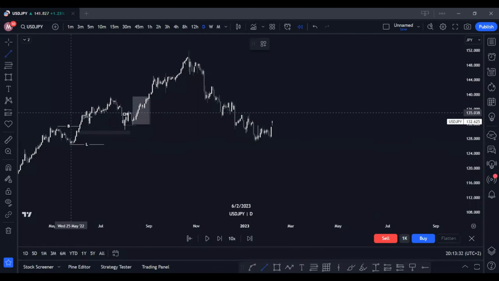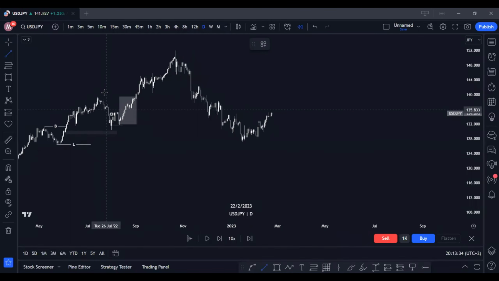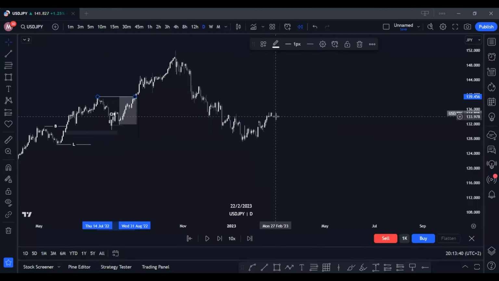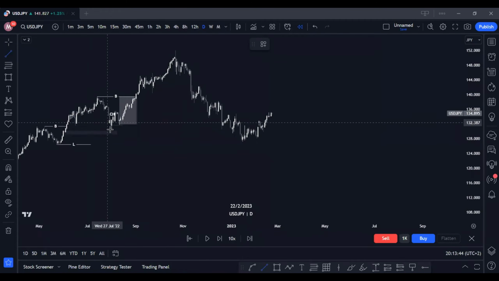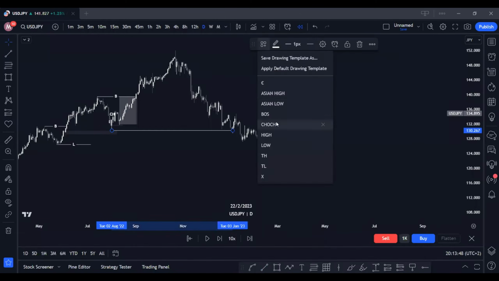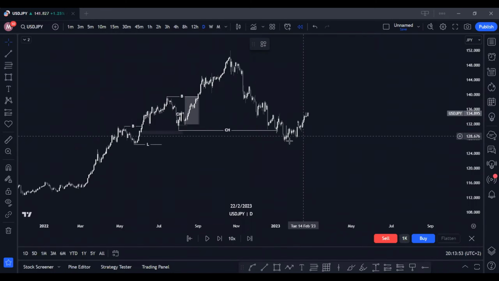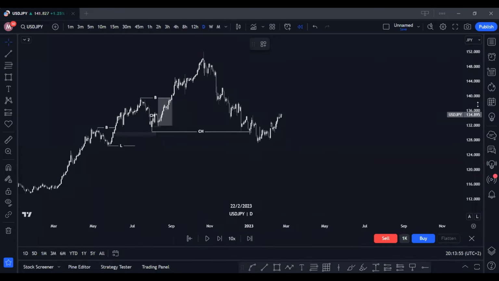So immediately when price took out our previous higher high here, we have a break of structure. And when price takes out our previous higher low, what do we have? We have a change of character, meaning that we could be moving from a bullish trend to a bearish trend. We have this change of character here.